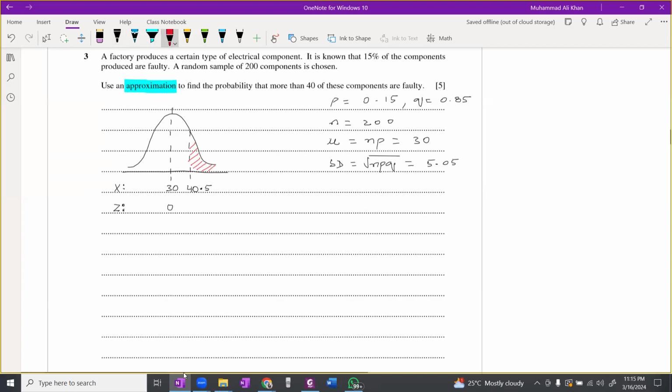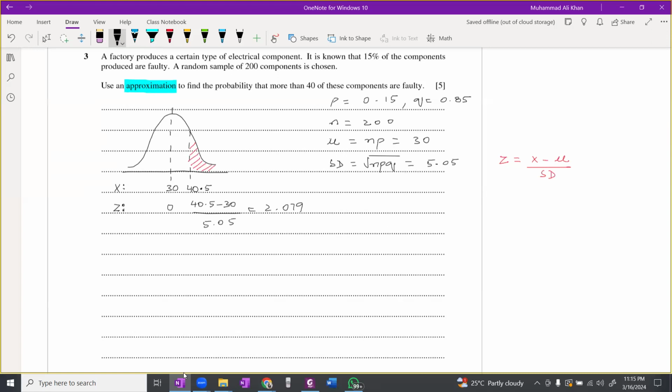And the formula is z equals to x minus mean upon standard deviation. By using this formula, it will be 40.5 minus mean upon standard deviation is 5.05. So according to this, the value is 2.079.